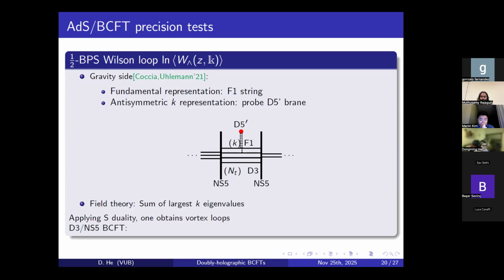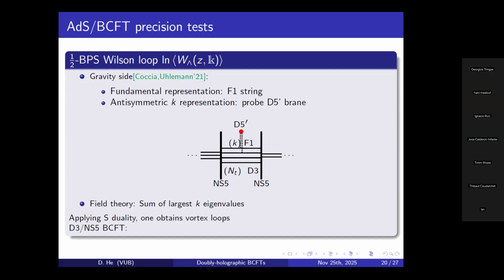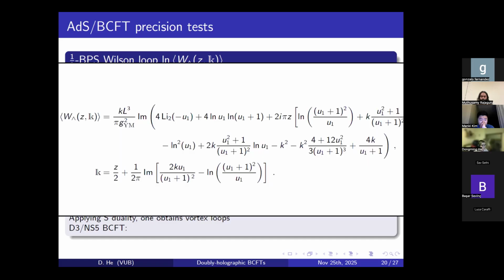One can also apply S-duality to the Wilson loops to obtain the vortex loops. I will show the example of the Wilson loops in this three NS5 BCFT, which is very long, but agrees with the supergravity computation, where l numbers the gauge node and K is the representation.